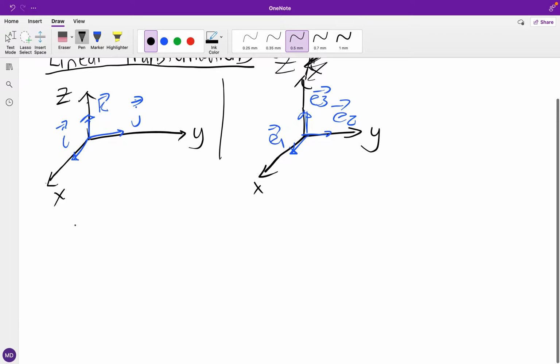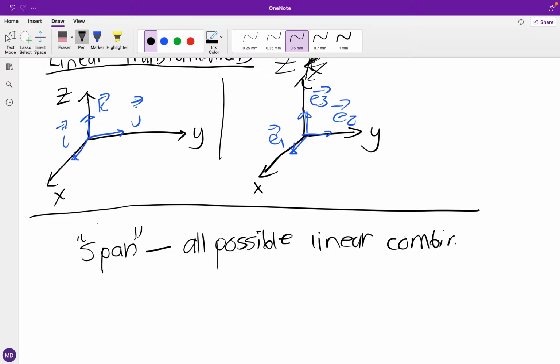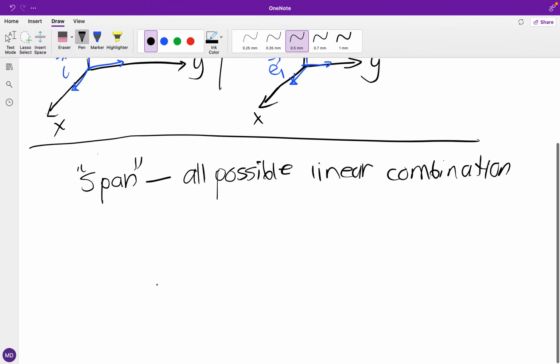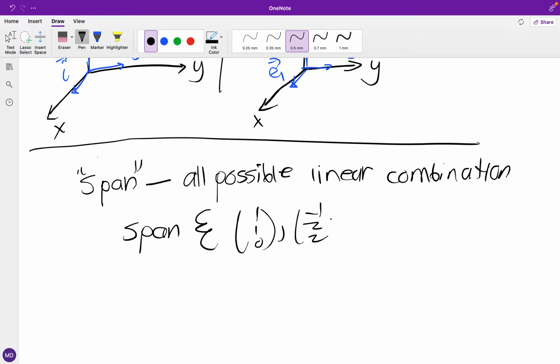Now the second concept is the concept of span. Span, in more simple terms, is just all possible linear combinations. So suppose we have the span of the set of vectors, I don't know, let's go 1, 1, 0, negative 1, 2, 2, 3, 0, 0.